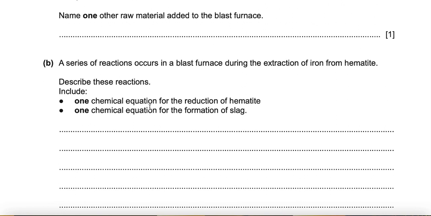Now, B, a series of reactions occurs in a blast furnace during the extraction of iron from hematite. Now describe these reactions. Include one chemical equation for the reduction of hematite and one chemical equation for the formation of slag.